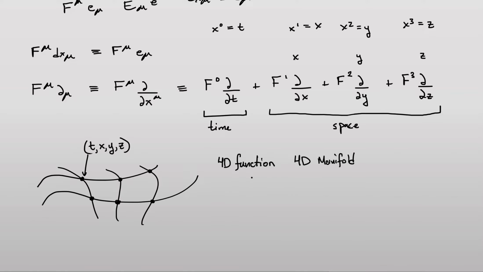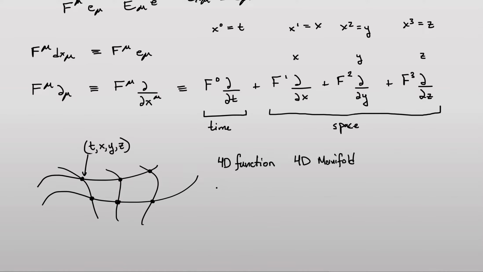And the other way to say 4 dimensions, it's always hard for us to visualize 4 dimensions. So the other way to think about this, the way I like to think about it, is for a 4-component function. It's a function that has 4 components to it.